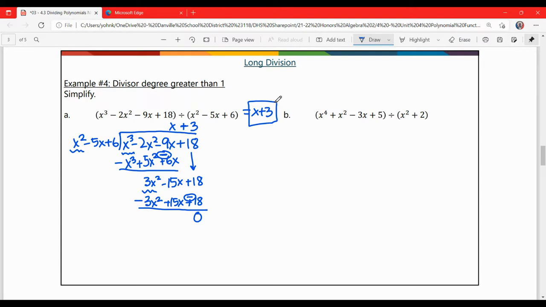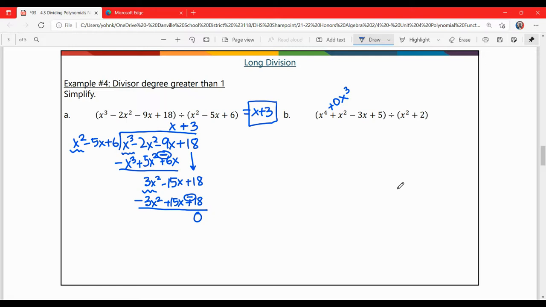Now this next one is going to be a little tricky. When you are starting the problem, the first thing you should try to look for is to make sure that every exponent from the degree down is represented. Notice here that there is no x cubed. So we need to use a 0 as a placeholder when we are doing problems where one of the powers is not there.